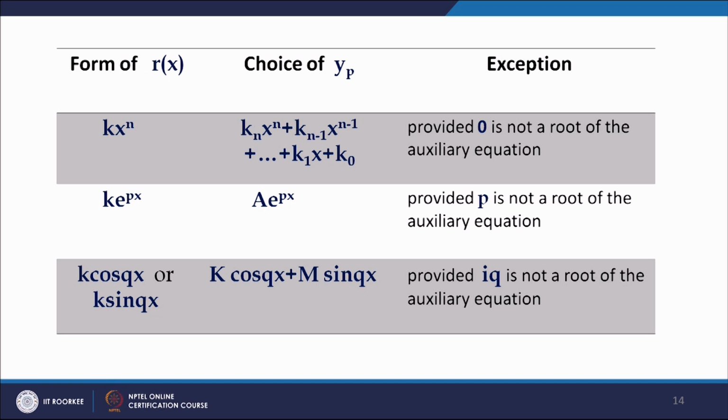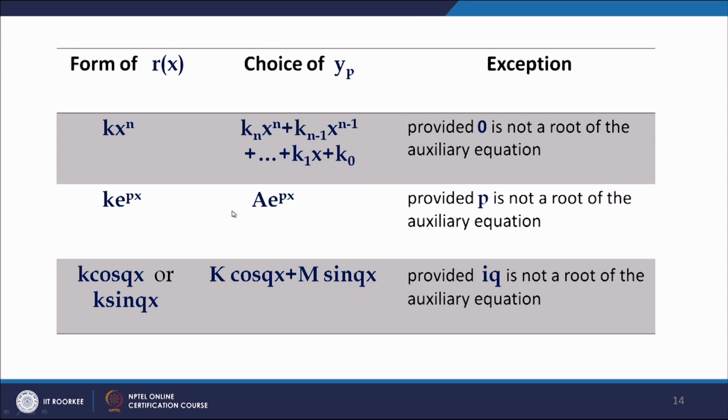So suppose Rx is of the form kx to the power n, where k is a constant, then we shall make the choice of yp(x) to be a polynomial in x of degree n, that is kn x to the power n plus kn minus 1 x to the power n minus 1 and so on, k1 x plus k naught. This will be the choice of yp(x) provided 0 is not a root of the auxiliary equation. If 0 is the root of the auxiliary equation, what we have to do we shall see next.